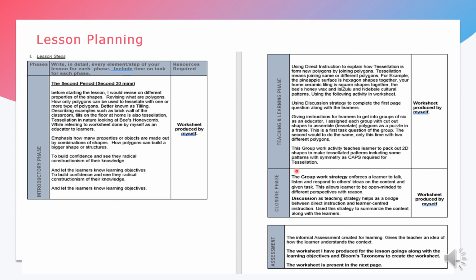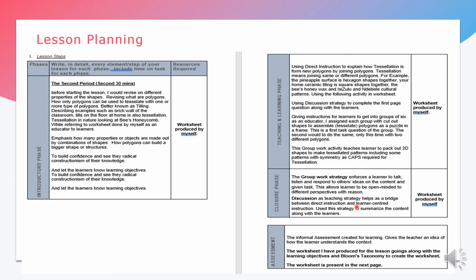So that's basically ending off with the group work strategy, the kids working together, and after they finish, the teacher closes the lesson by evaluating what they learned from each other, from having fun making the puzzles of the cutouts. What did you notice?